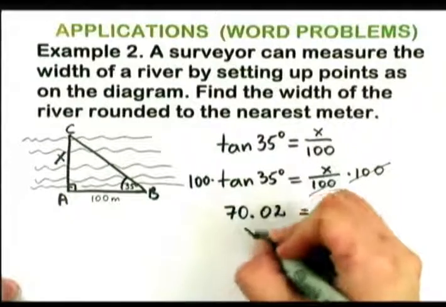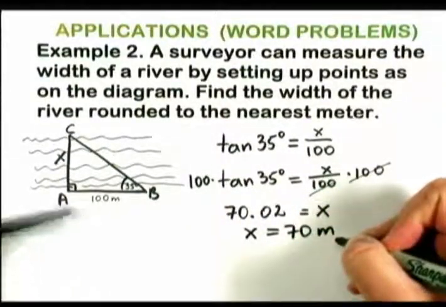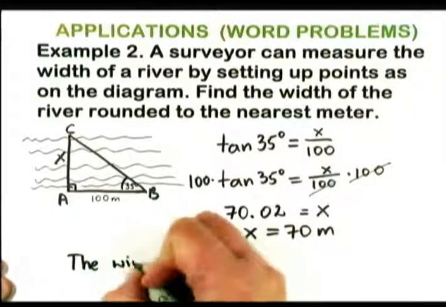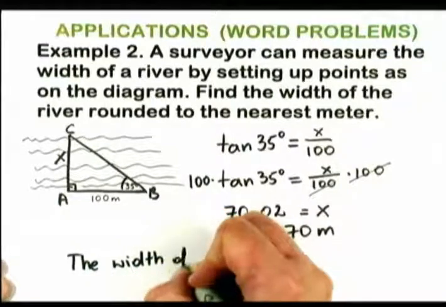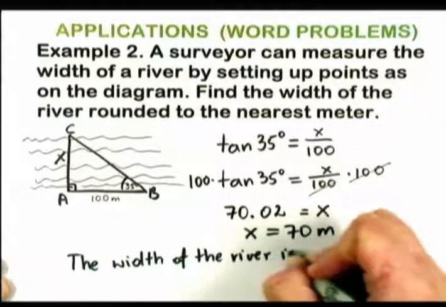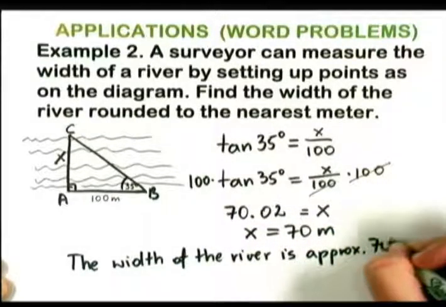So X, we can write 70 meters because this length is in meters. So the width of the river is approximately 70 meters.